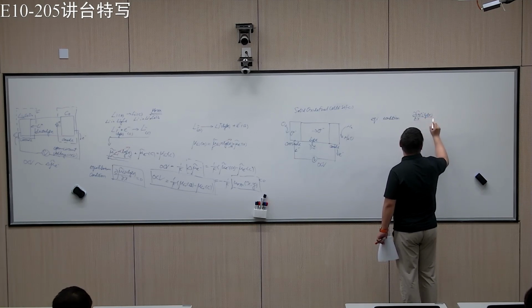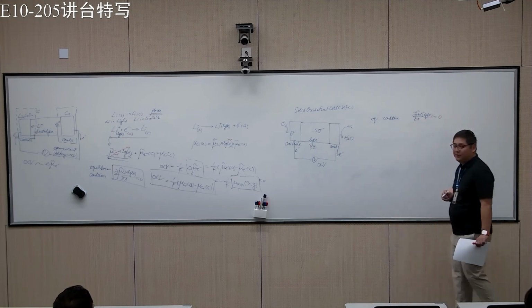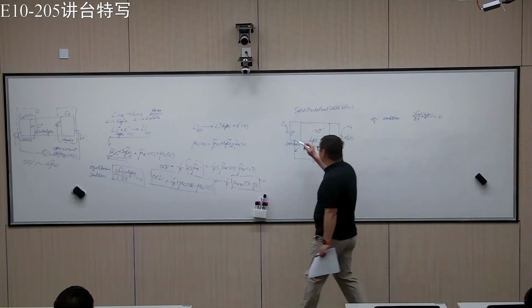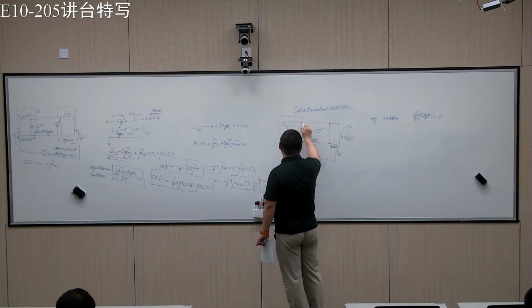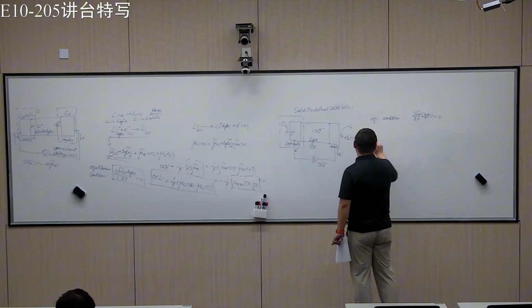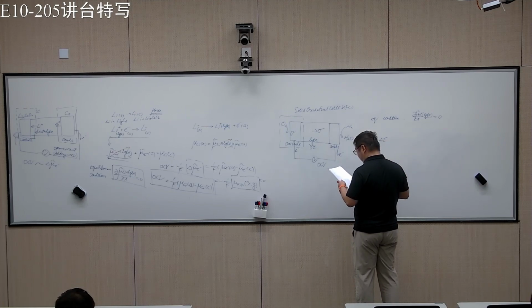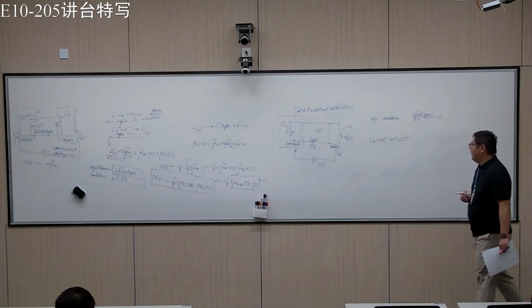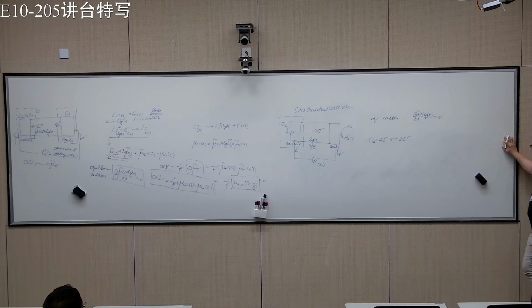In the electrolyte, the electrochemical potential gradient is 0 for the oxygen ions. Okay. Then let's see the cathode. So for the cathode, we have the reduction, right, 4 electrons, of oxygen gas.